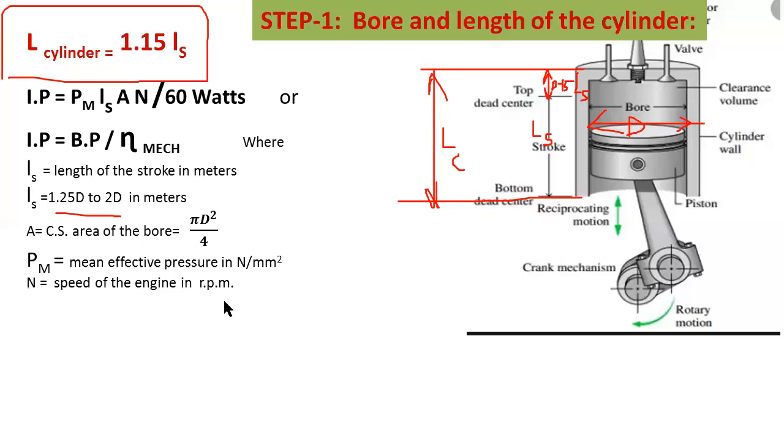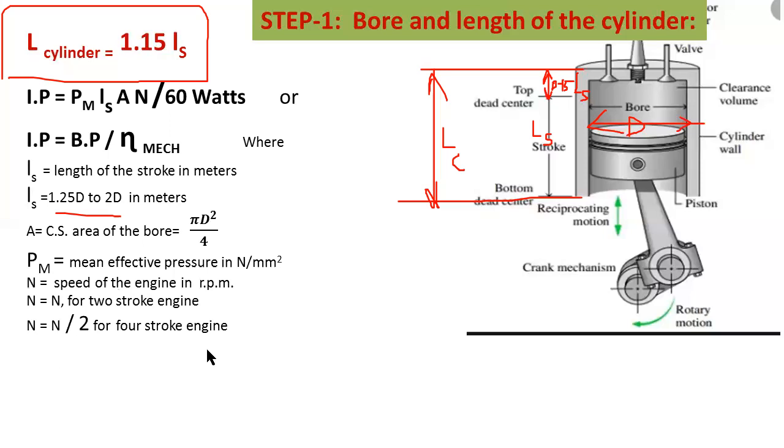But the value of N is different for two-stroke engines and four-stroke engines. In our problems, you have to consider n = N for two-stroke engines, and n = N/2 for four-stroke engines.